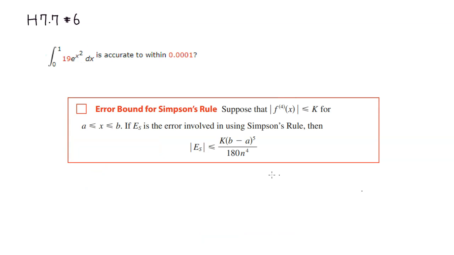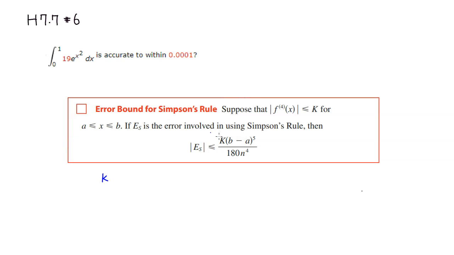The error bound for Simpson's rule is given to be this. So let's start putting it in. Let's say k is the maximum, the upper bound, of the fourth derivative.